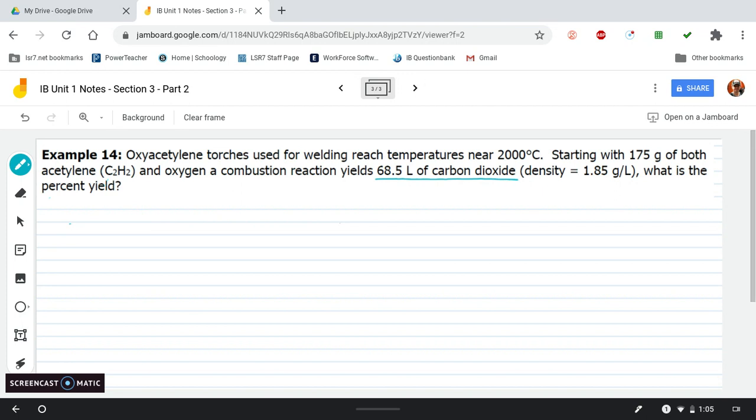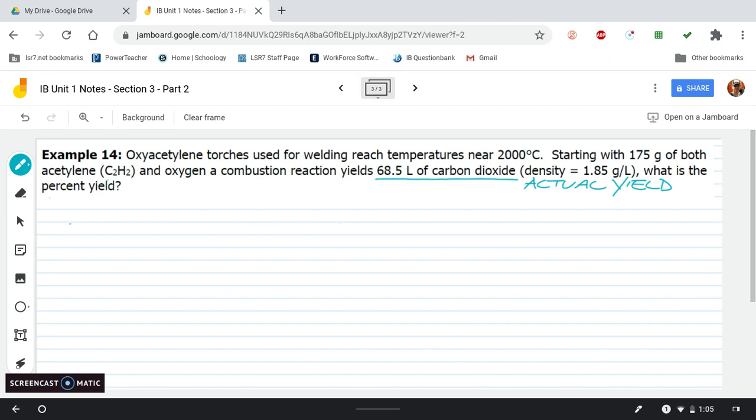The 68.5 liters of carbon dioxide, that is what we would call an actual yield. So this is what happened in real life. You don't have the torch. You're not out there welding, making skyscrapers, whatever. So they have to tell you. So there we go. That's what we're going to compare to.